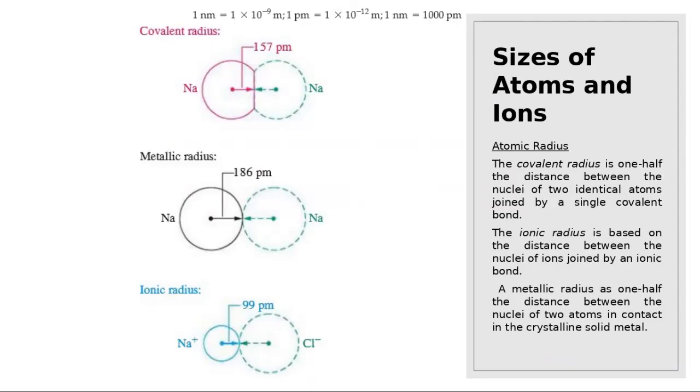Okay, yes, size of atoms and ions. Generally, atomic radius, we can say, is hard to define, and the probability of finding an electron decreases with increasing distance from the nucleus.